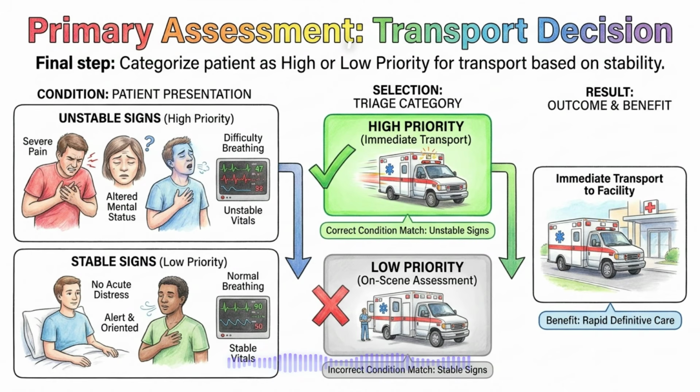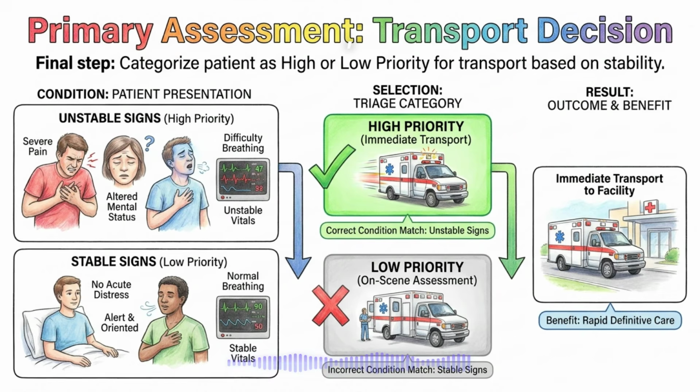High priority patients include those with severe pain, altered mental status, difficulty breathing, or unstable vital signs, requiring immediate transport to the nearest appropriate facility. Low-priority patients are stable and can usually be assessed further on scene before starting the drive to the hospital. The exam will often give you a list of patient presentations and ask you to identify which one requires rapid transport.